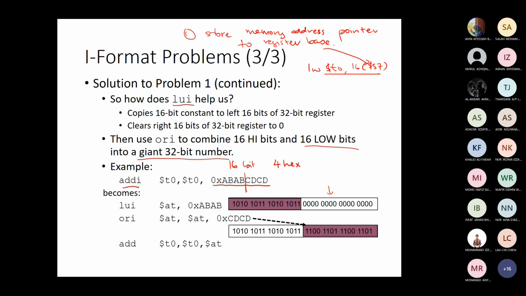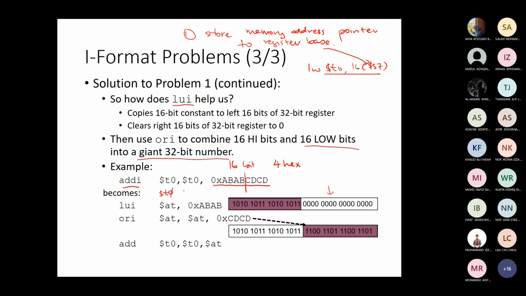Like that. Then how do we store 0xABABCDCD? First, use the command LUI, then register $at and then 0xABAB. Or you can just write register $t0 like that. No problem.